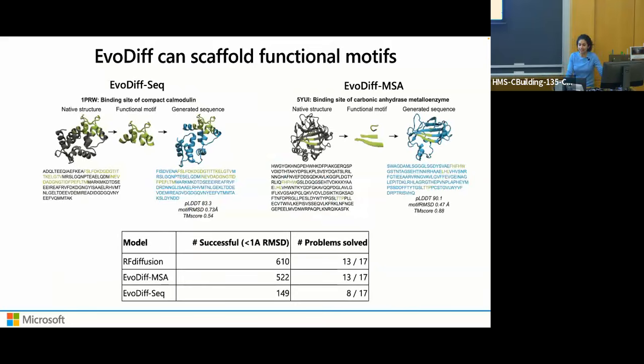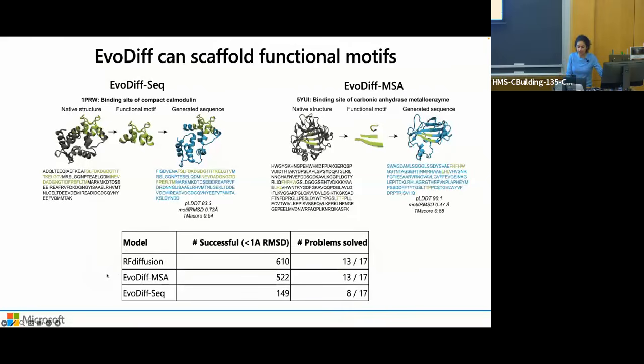We can look at the success rates for generations from EvoDiff relative to structure-based methods. Here we benchmark relative to RFdiffusion, the state-of-the-art structure-based generative model, across a set of 17 distinct functional motif scaffolding problems that they benchmark against.